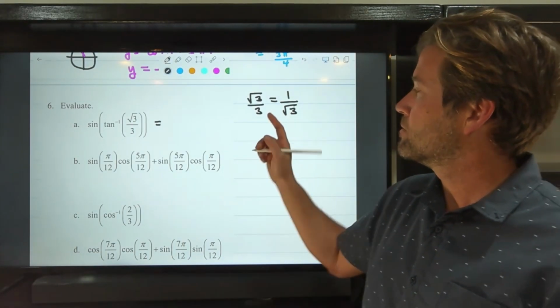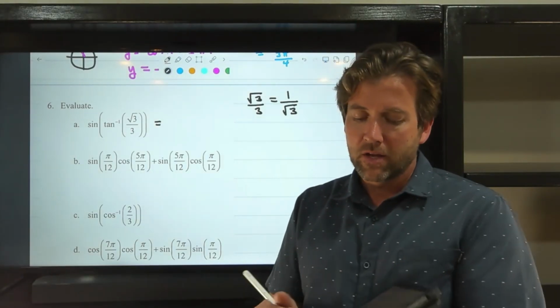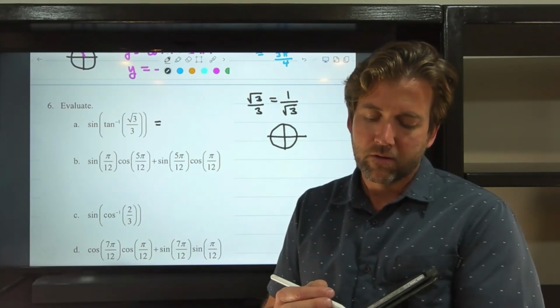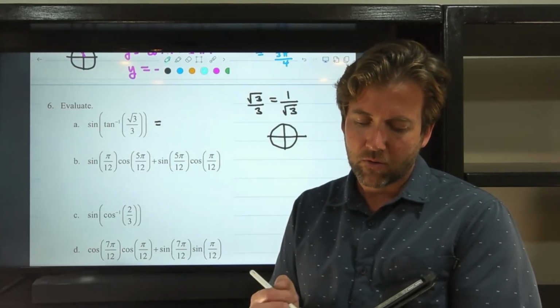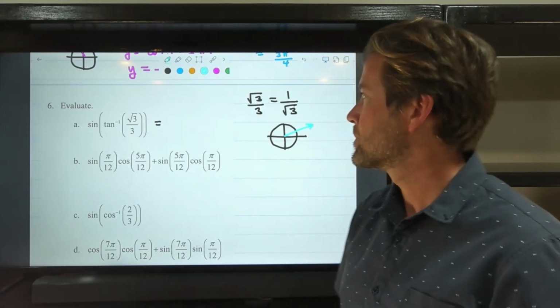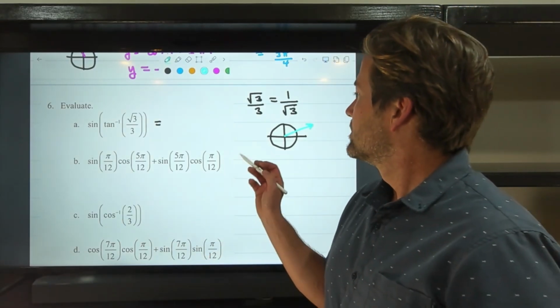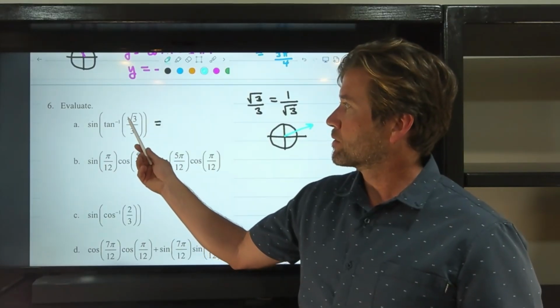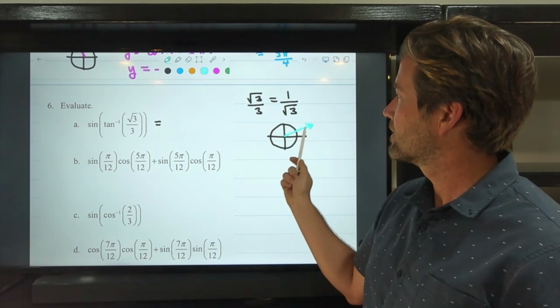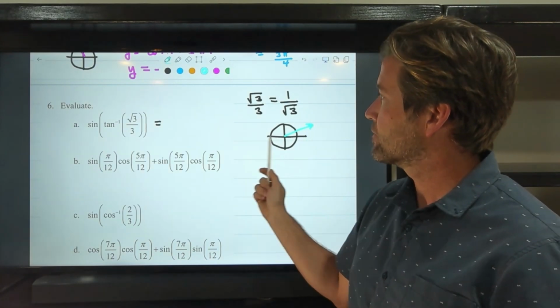My students are more familiar with 1 over rad 3 as being the slope of the angle pi over 6. So square root of 3 over 3 is the slope of the angle of pi over 6.